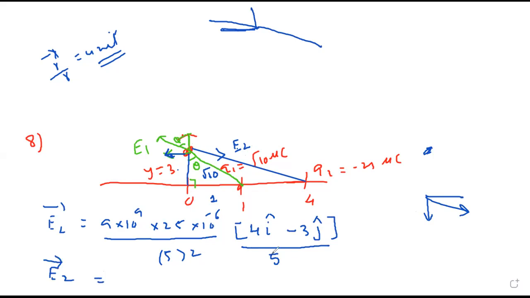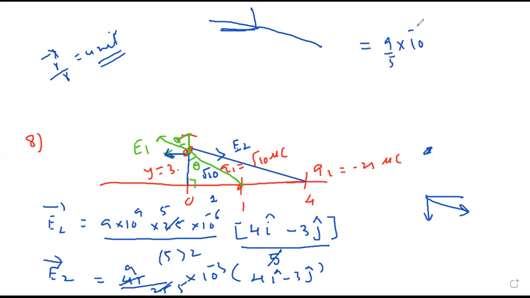5 into 5 is 25. 9 into 5 is 45 upon 5 square, 25, into 10 raised to minus 3, 4i cap minus 3j cap. So 9 upon 5 into 10 raised to minus 3, 4i cap minus 3j cap is E2.